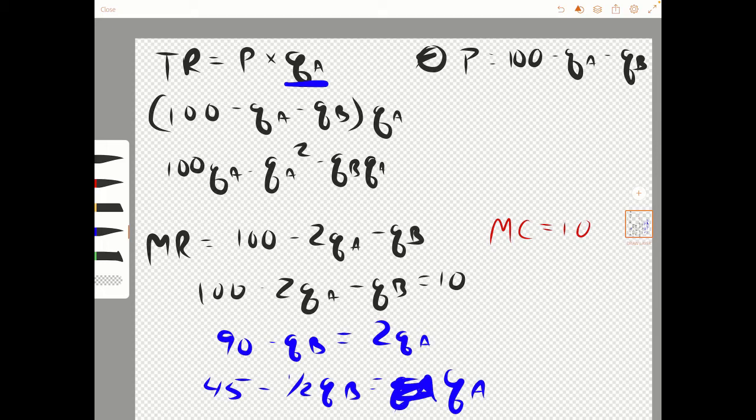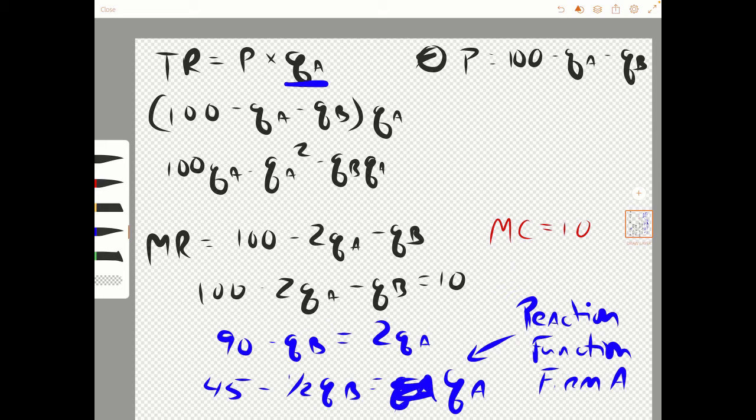So now we have a value for QA that we can put into our identity for the reaction function. This is the equation for the reaction function. So this is firm 1's, or firm A's, reaction function.